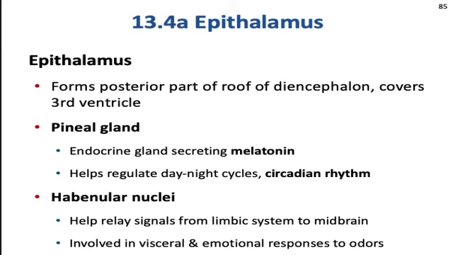So the way it works is that as light levels go down, that information from your eyes, from your retina, is able to walk back to nerve leads that talk to the pineal gland, and that results in the release of melatonin.